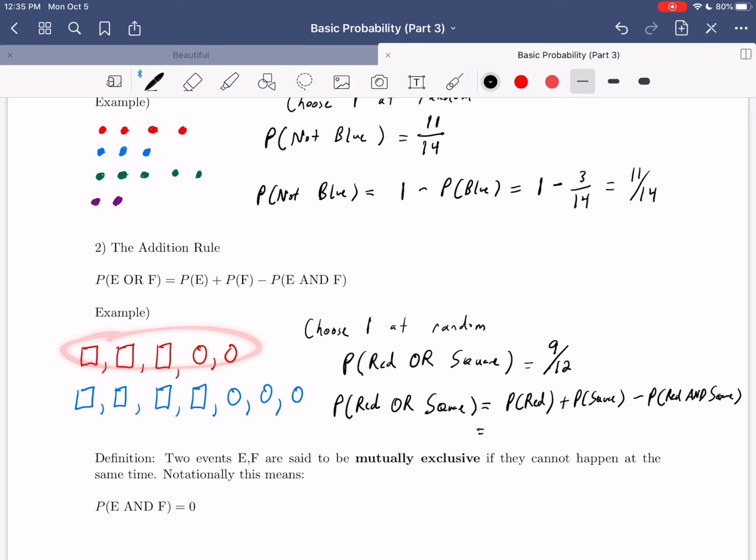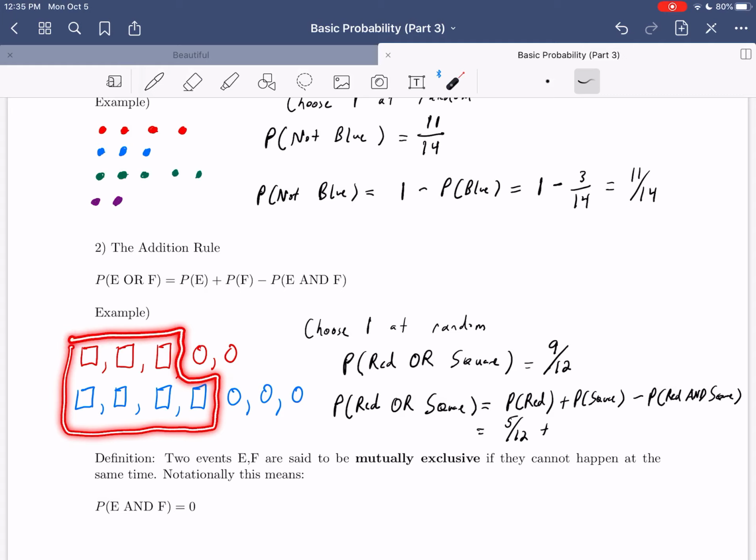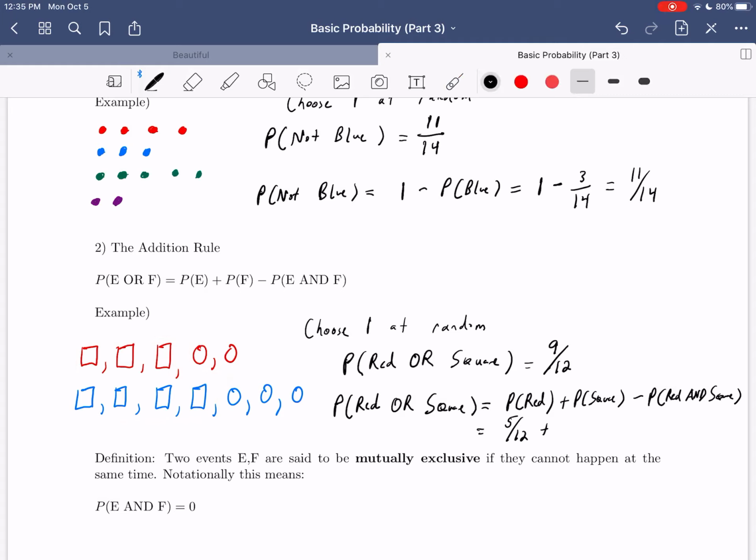That would just be 5 out of 12, plus the probability of square, which would be these guys. All those things are squares. That's 7 out of 12. Minus the overlap, the red squares, which would be these 3 here. So minus 3 out of 12. What happens when you add those together? 5 and 7 is 12, minus 3 is 9. So of course you get the same thing, 9 out of 12.